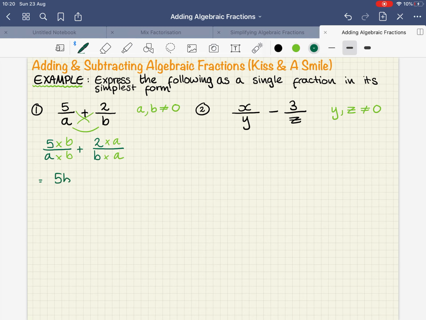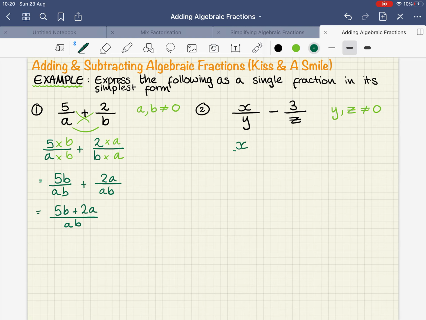So I've now got 5b over ab plus 2a. Now I can write BA, but I'm just going to swap it around to AB, exact same idea. And now my denominators are the same, I just add the tops together. And I can't collect any like terms there, so that's my final answer.